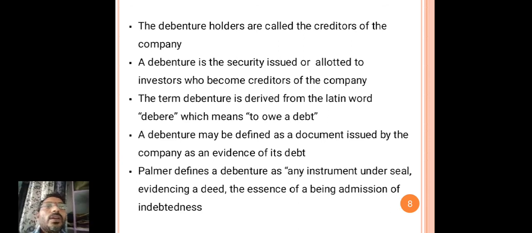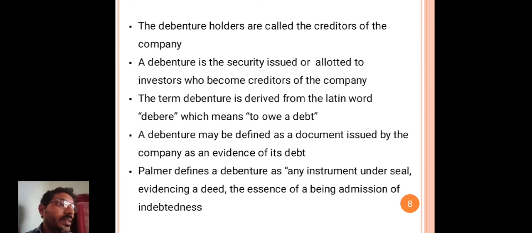In case of shares, the shareholders are the owners of the company. Here, the debenture holders are the creditors of the company.